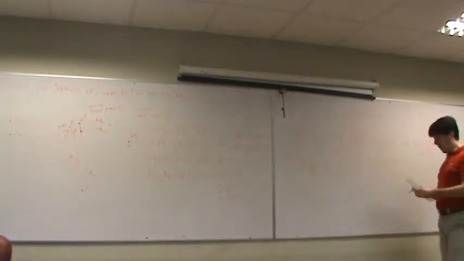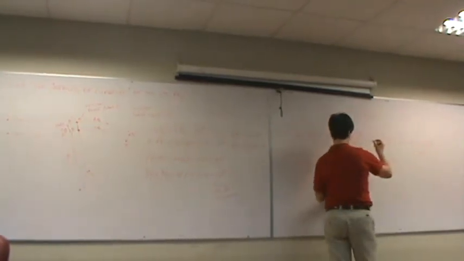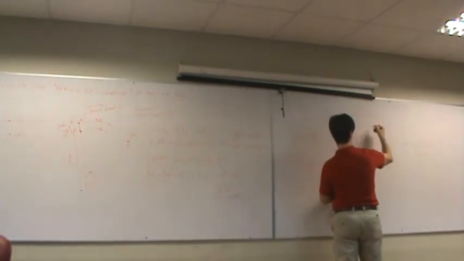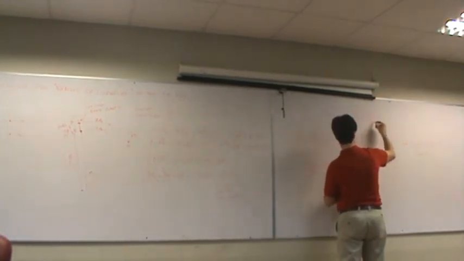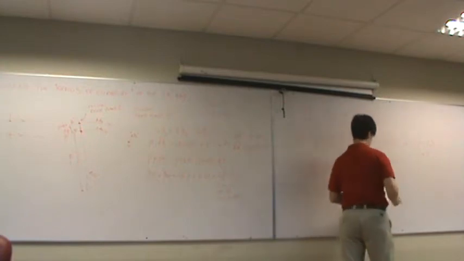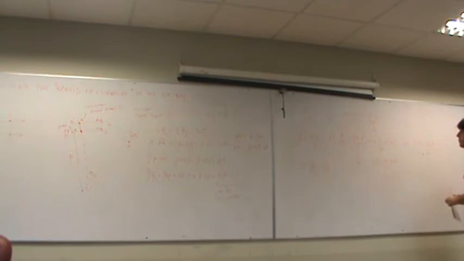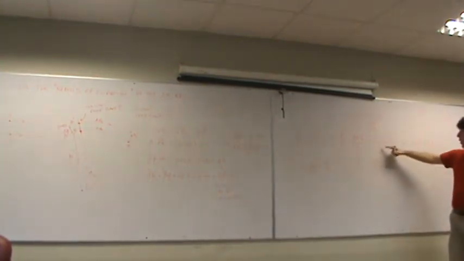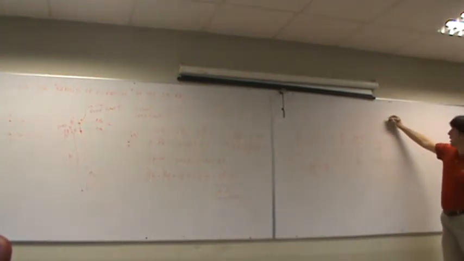So this equation is minus n divided by delta h, if you simplify the beta 0 in that equation.